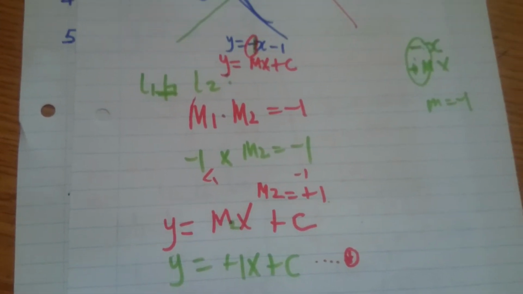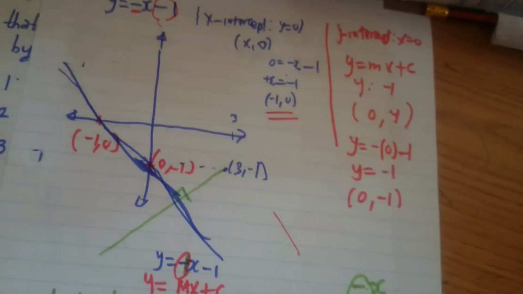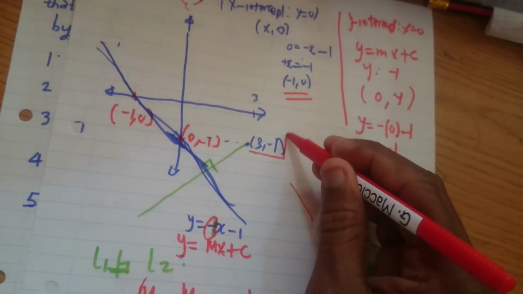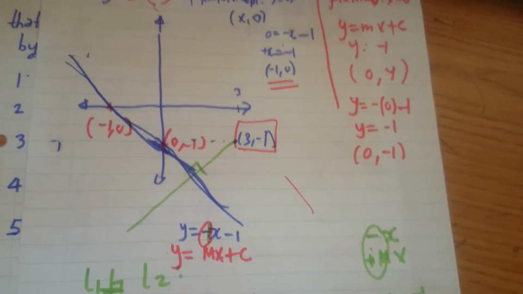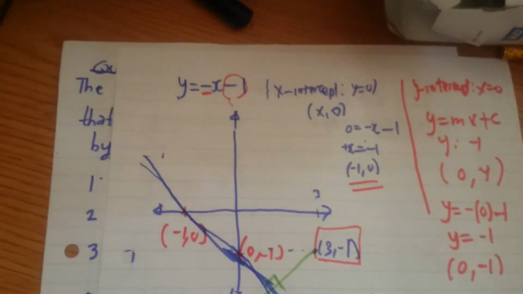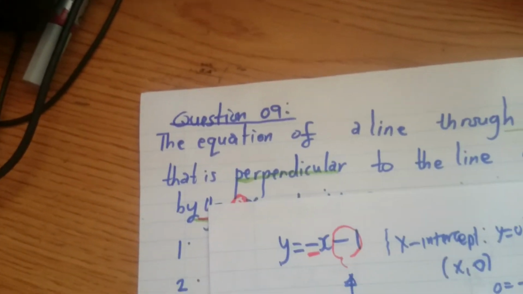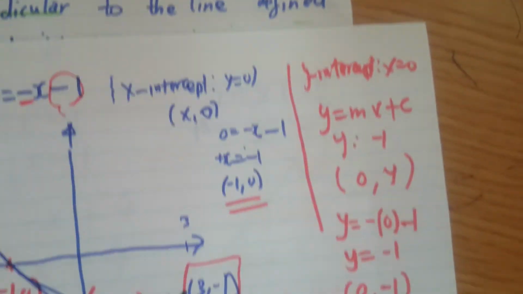So we need to look for any coordinate which lies on that line. We found that 3 and negative 1 lie on that line, because the question says the equation of a line through 3 and negative 1.